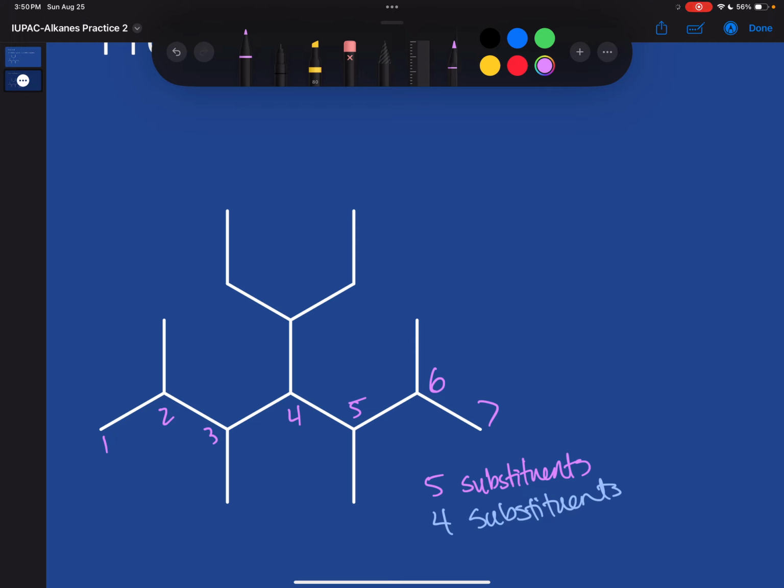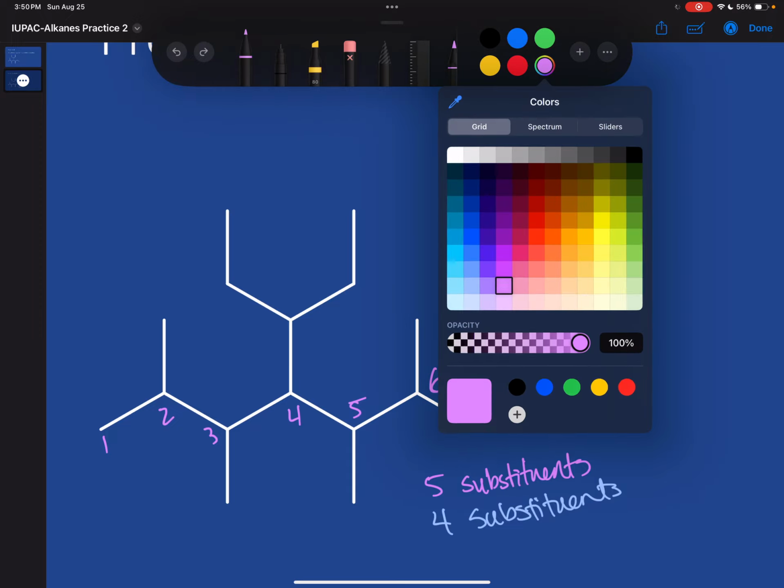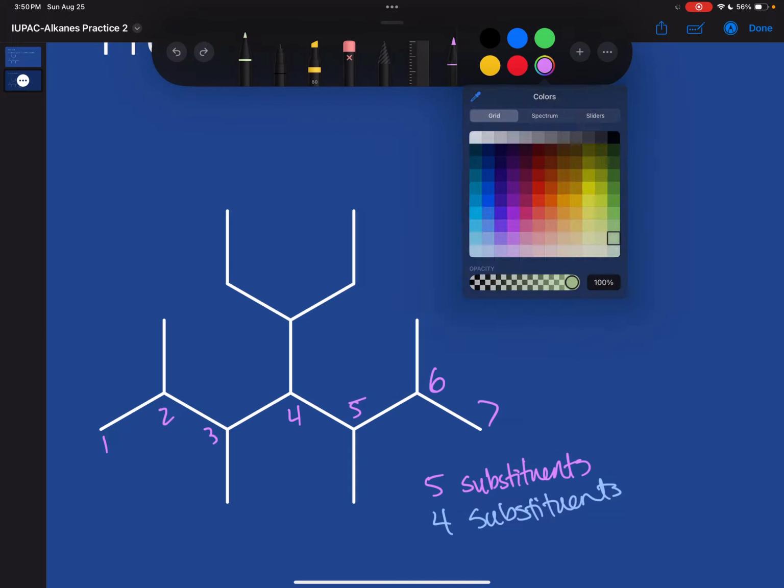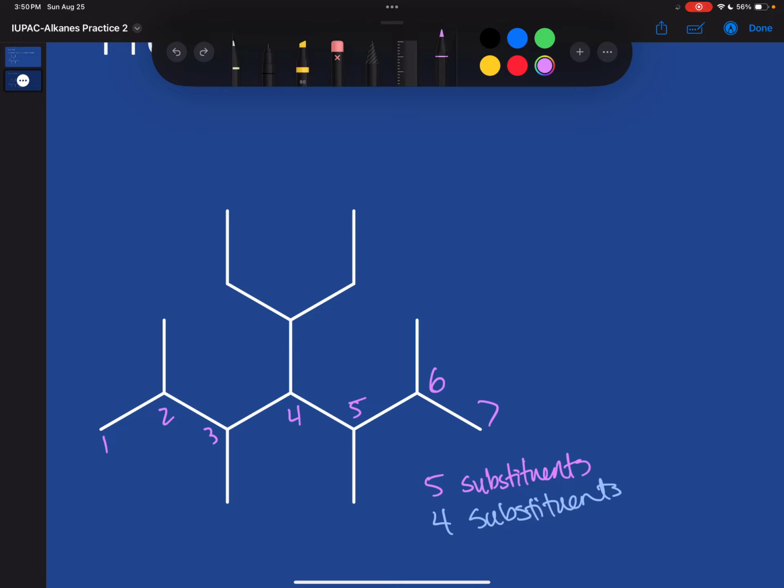Well, I can actually look at this and see that this is symmetrical. So I know it's not going to matter which way I do left to right or right to left. I can show you that because it will be the exact same answer. So if I go from left to right, I would have a 2, 3, 4, 5, 6.